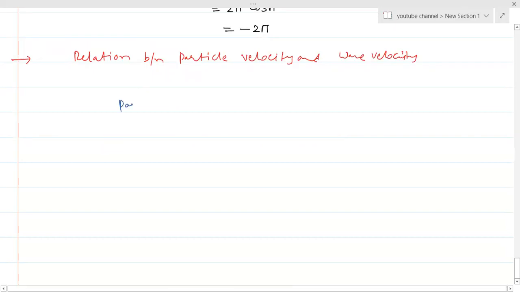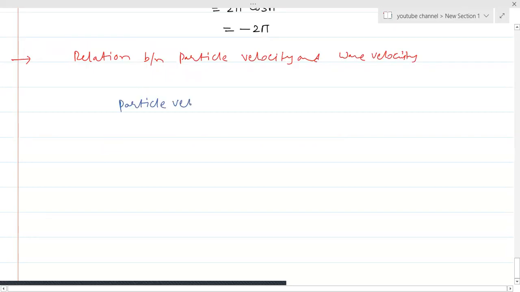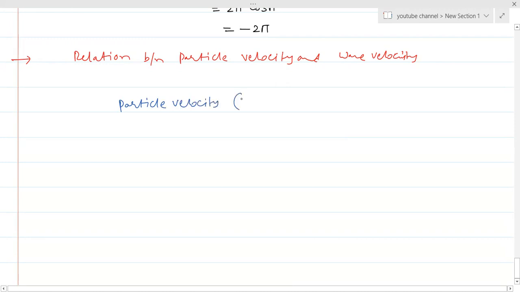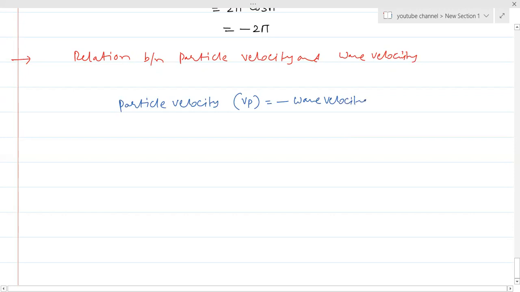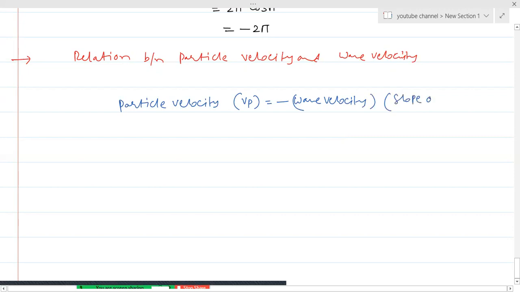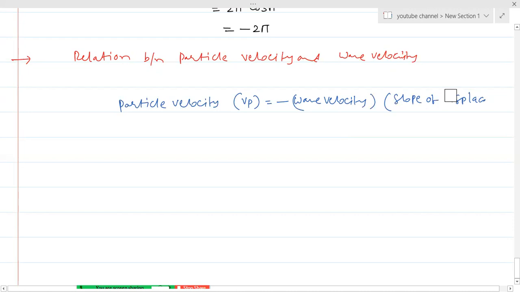So that is particle velocity Vp equal to minus wave velocity into slope of displacement, slope of the y-x curve.